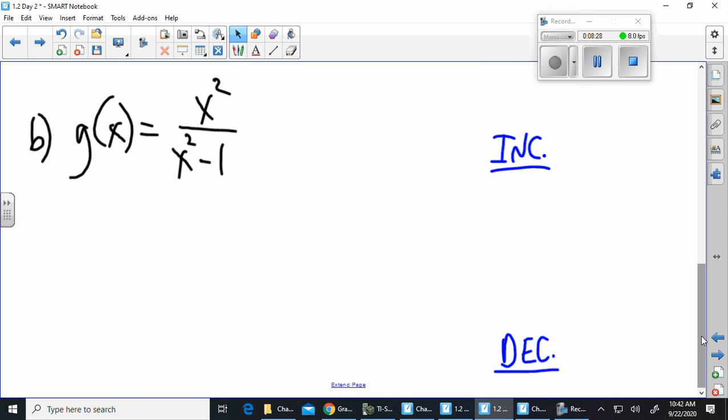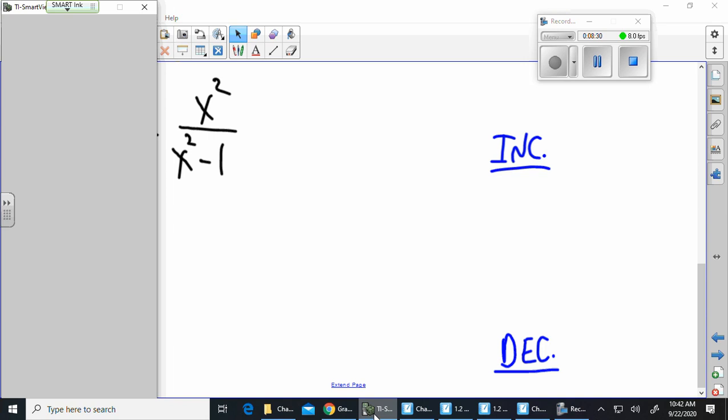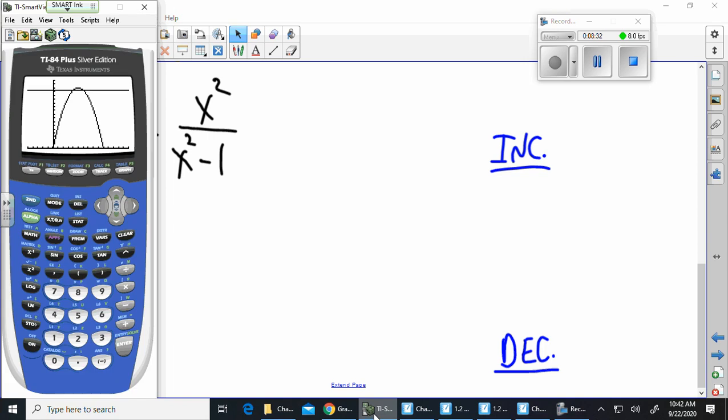So with this one, which I'll just show this one, or Desmos. Just be careful with Desmos because you want to make sure you put them in there correctly with parentheses. So clear these out. I put in x squared divided by the quantity x squared minus 1. I graph it.